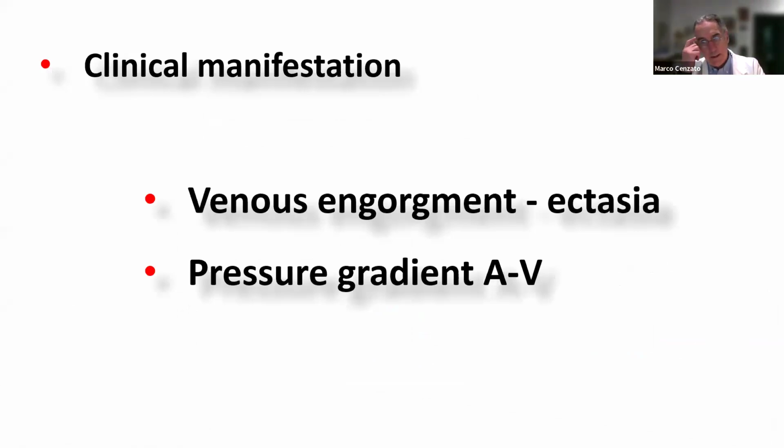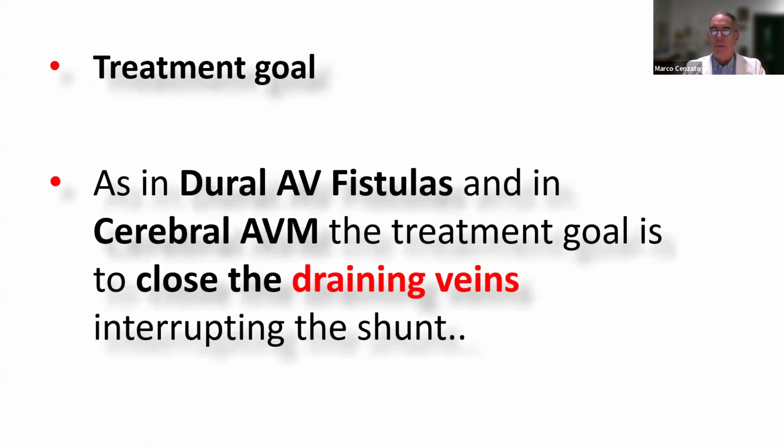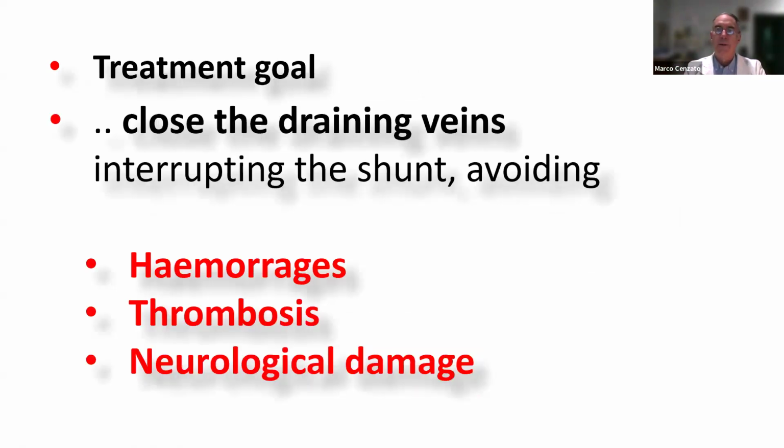The causes are venous engorgement and the pressure gradient between arteriovenous, because the vein has a very high pressure, and so as in the dural fistula, the problem is a problem of vascularization of the spinal cord, and as in the dural fistula, at the end, the goal is occluding the vein, interrupting the shunt. Of course, you have to close the vein without causing hemorrhages, thrombosis, and any neurological damage.